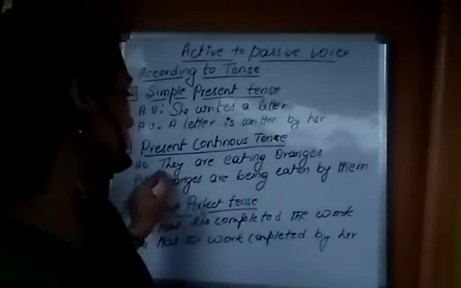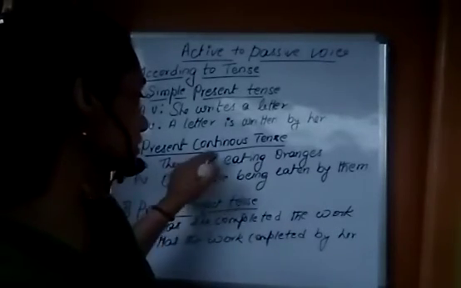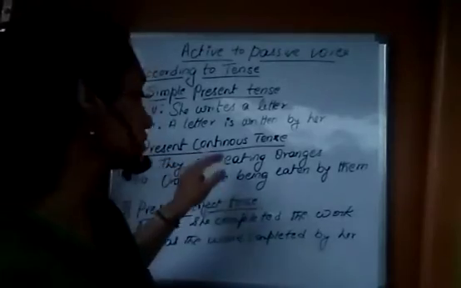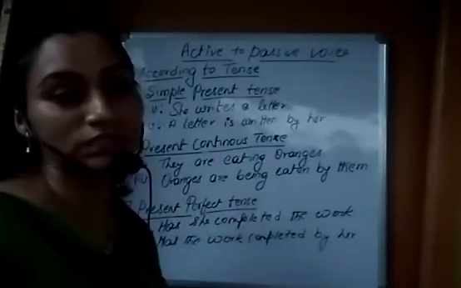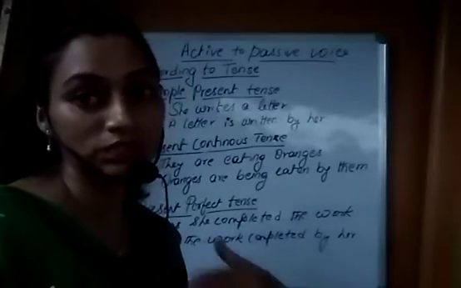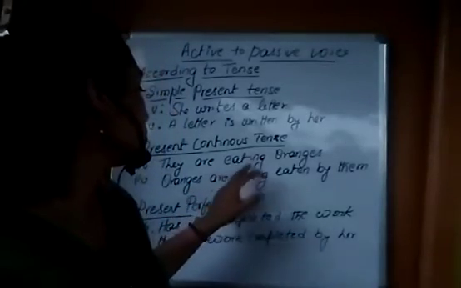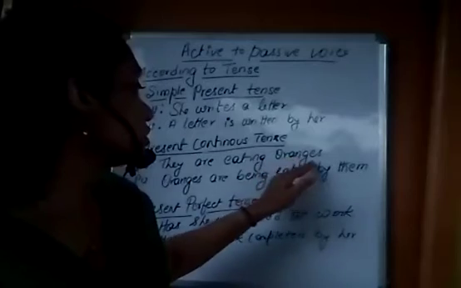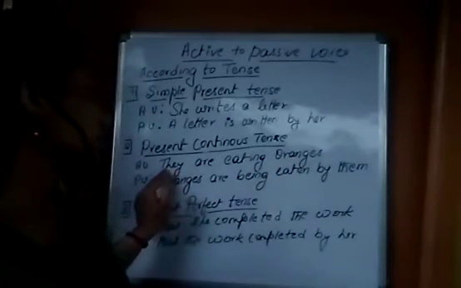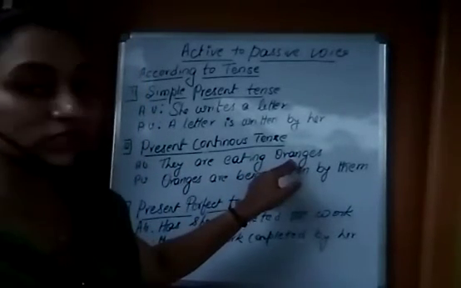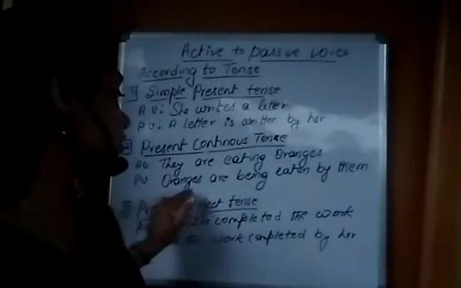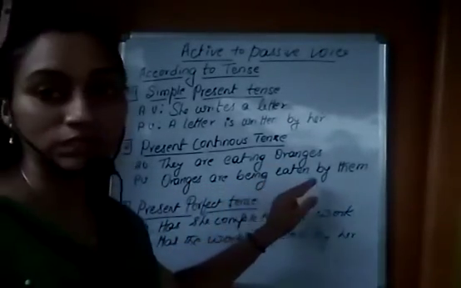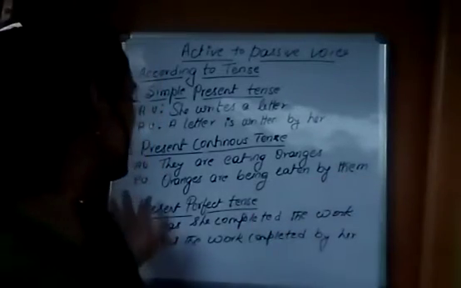Eating is in the continuous form; the work is going on. They are eating oranges. They is the subject, oranges the object. It becomes: oranges are being eaten by them.